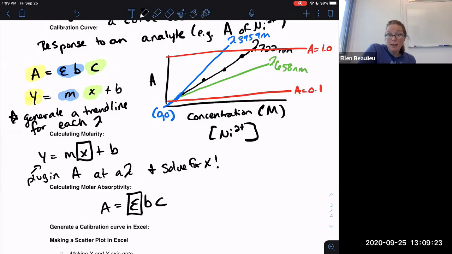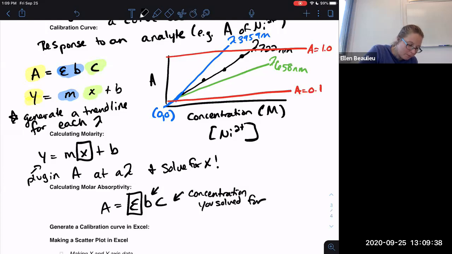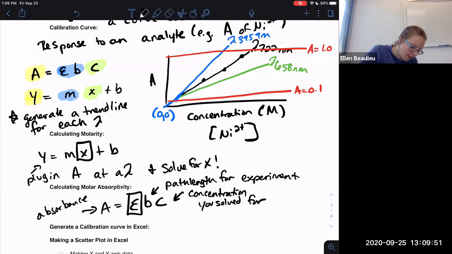The experimental data should have given you the path length, the concentration that you just solved for, and you have the absorbance for that trial. So you should be able to solve for the molar absorptivity based on the absorbance and the known concentration and the path length.